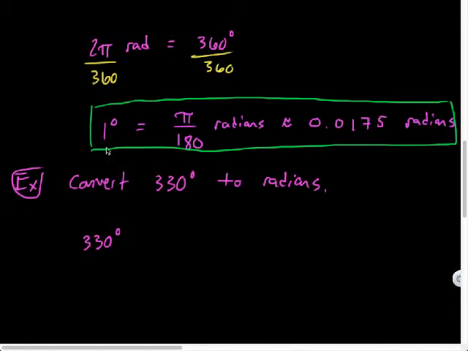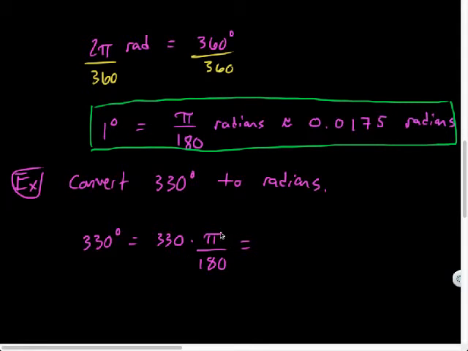If one of these degrees is equal to pi over 180, then 330 degrees must be 330 times this value, okay? I need 330 times this 1 degree to get 330 degrees, so 330 times that. So that's going to be 330 times pi over 180 is going to convert to radians.